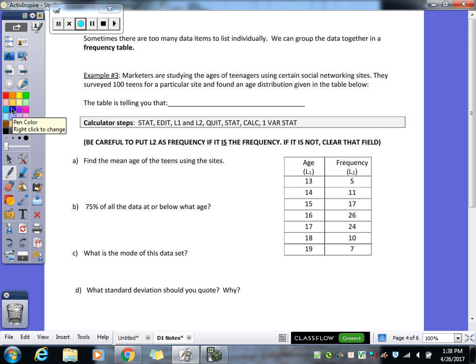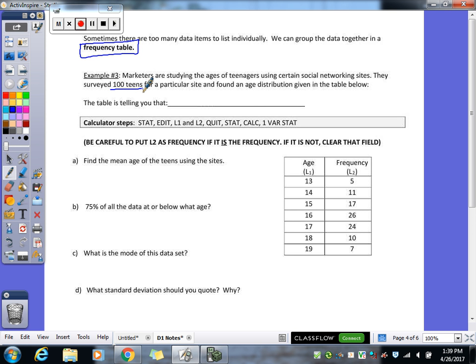So sometimes there are too many data items to write individually, so we use what we call a frequency table. So here in this example, we have marketers are studying the ages of teenagers using certain social media websites. They surveyed 100 teens for a particular site and found an age distribution given in the table below.